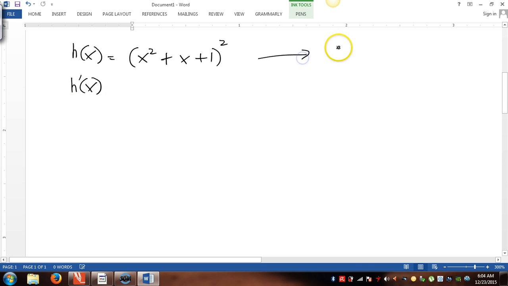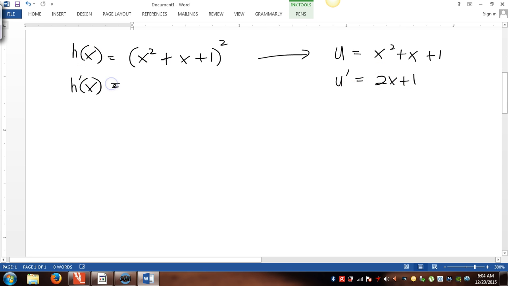Here we can conclude that u equals x squared plus x plus 1. Then we have to find u prime. That's all for the chain rule: u and u prime. We don't have any v and v prime. So u prime is 2x plus 1.